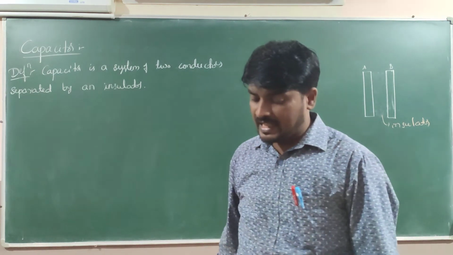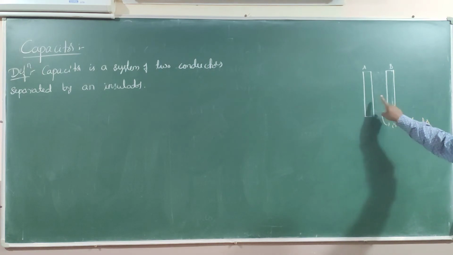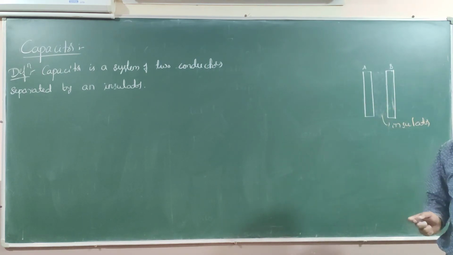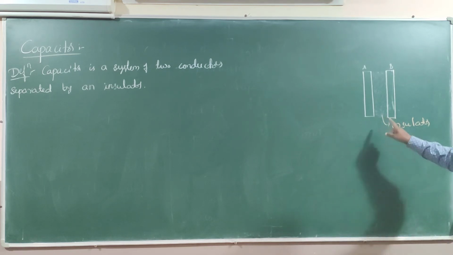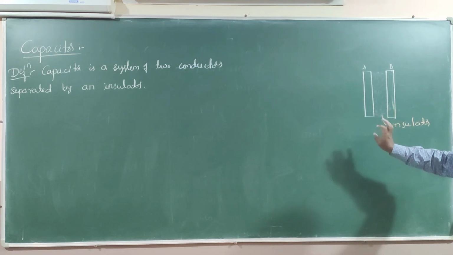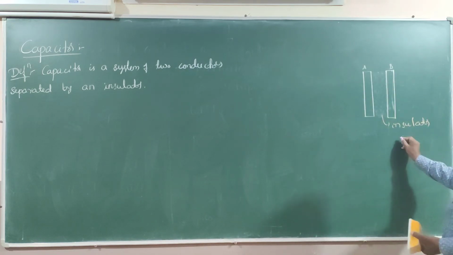Now, in the present case, I have considered two plates here, A and B. A and B are the two conductors. They are separated by a small distance D. And in that small distance, we placed a dielectric insulator.